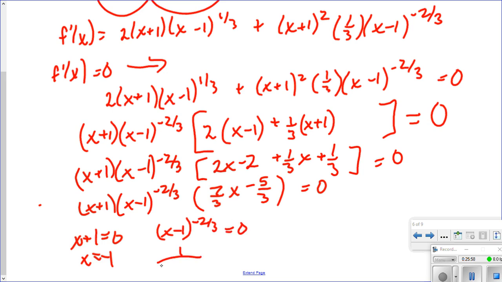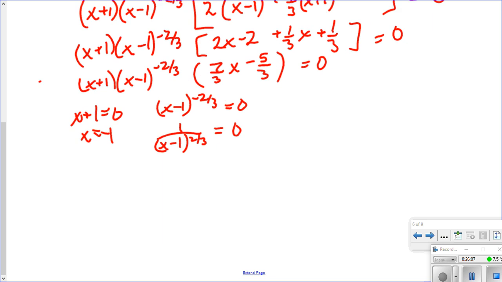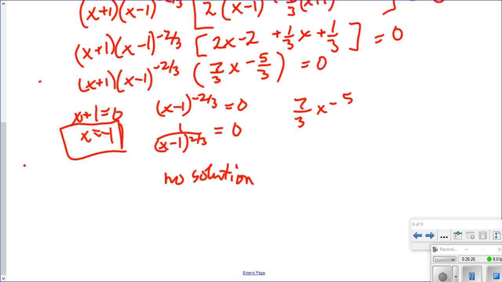That looks like this, a negative exponent. Well, there's no solution to this. You guys know the reciprocal function, 1 over anything never equals 0, so there's no solution here. We have a solution with this one, and then I have to solve this expression.